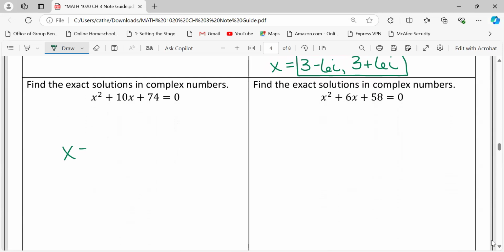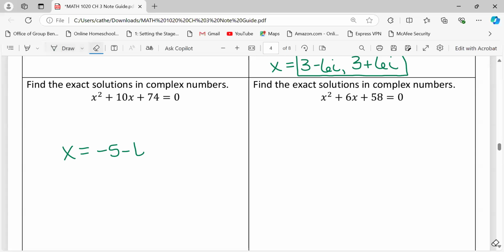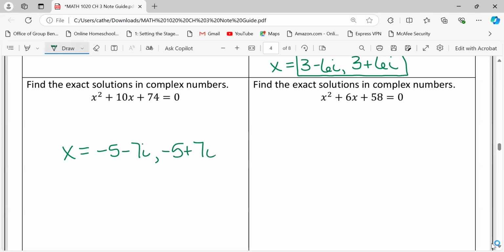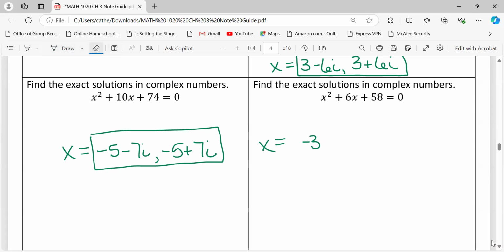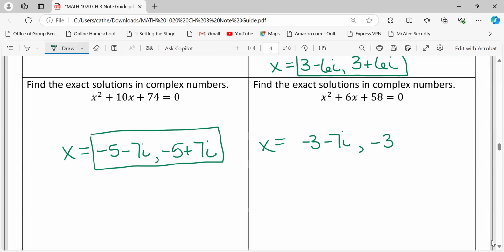All right, so this was negative 5 minus 7i and negative 5 plus 7i. And then this one was negative 3 minus 7i and negative 3 plus 7i.